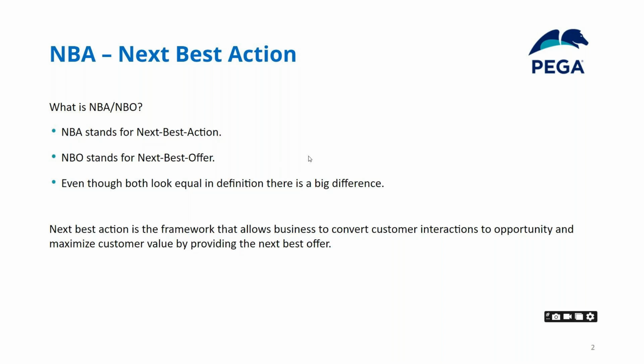For example, let us say you purchased a mobile phone, then the business can offer you a compatible headset for that phone, which is the right offer at the time, and it should be given as soon as possible. If the offer is made to you after 10 days, you might have purchased it already. So, the right offer to the right customer at the right time.